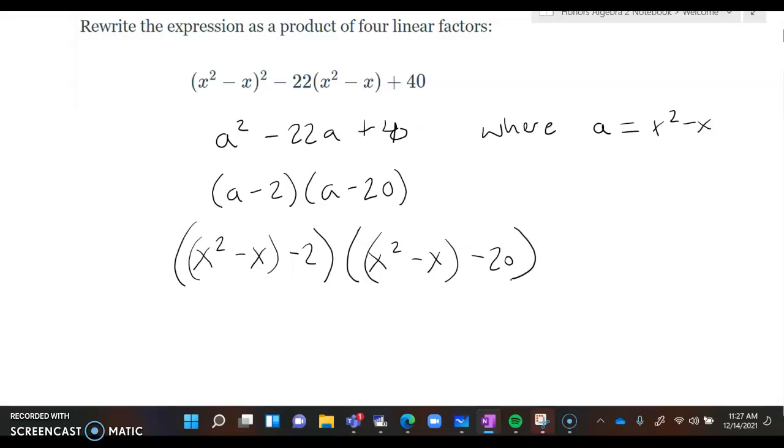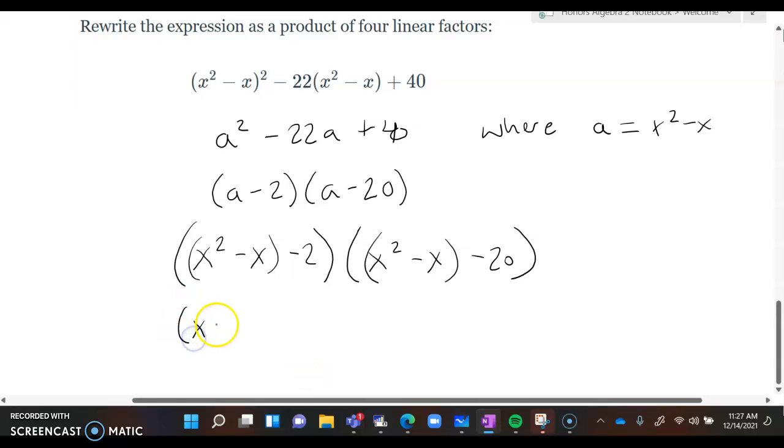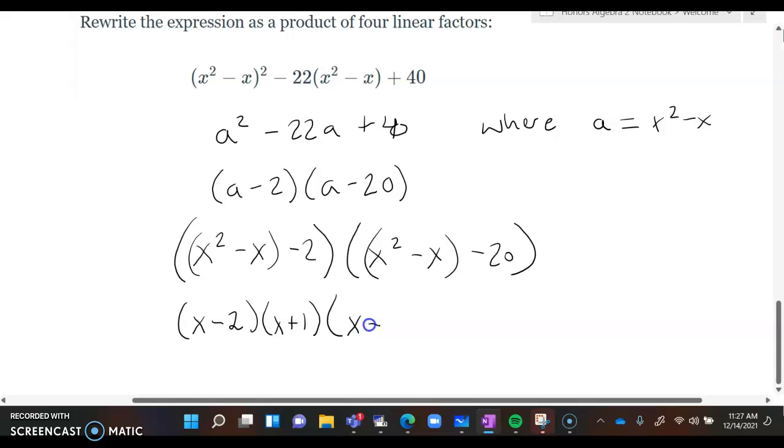So x squared minus x minus 2 is x minus 2 times x plus 1. And x squared minus x minus 20 is x minus 5 times x plus 4.